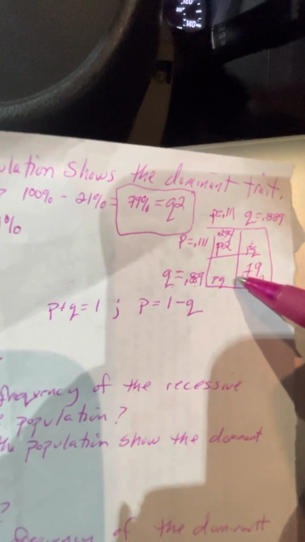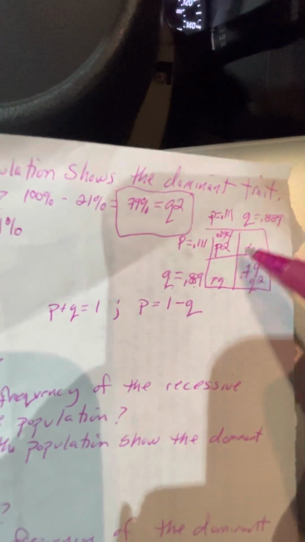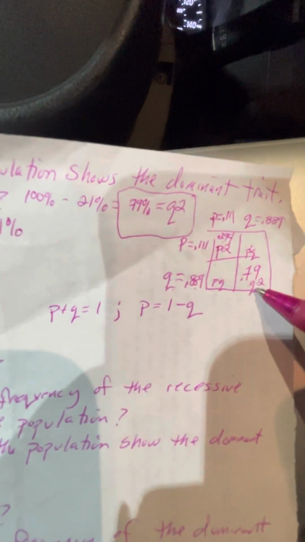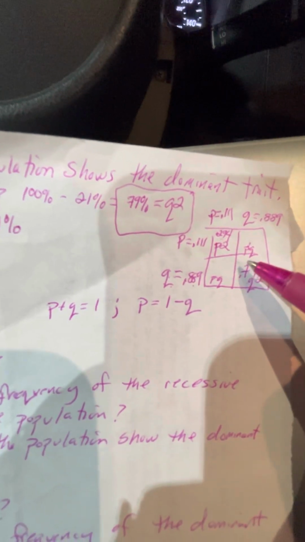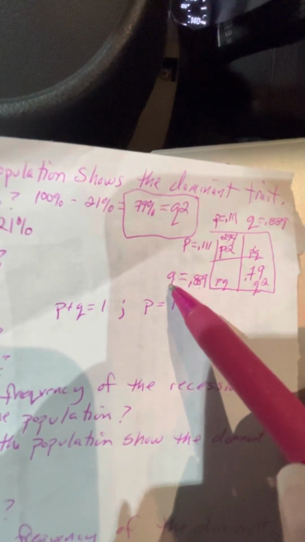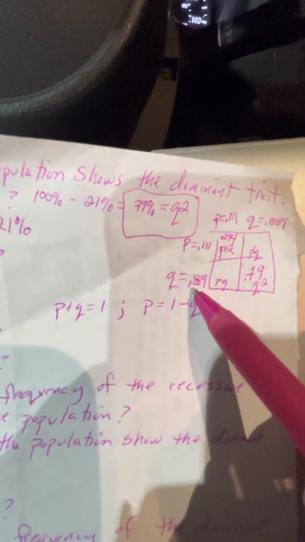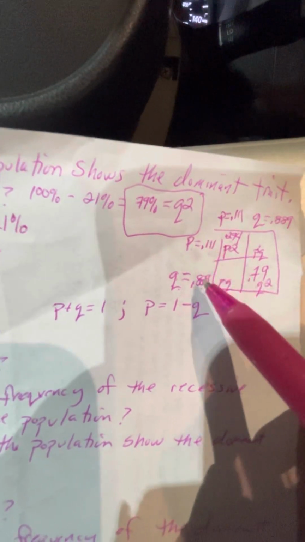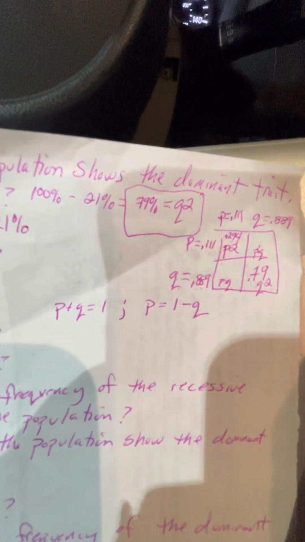And on the inside boxes, you have P squared plus your 2 PQs and your Q squared. The four of these should equal 1. Let's double check our math. P plus Q equals 1. If I take 0.111 and 0.889 and add them together, I do indeed get 1. So I'm on a good track here.